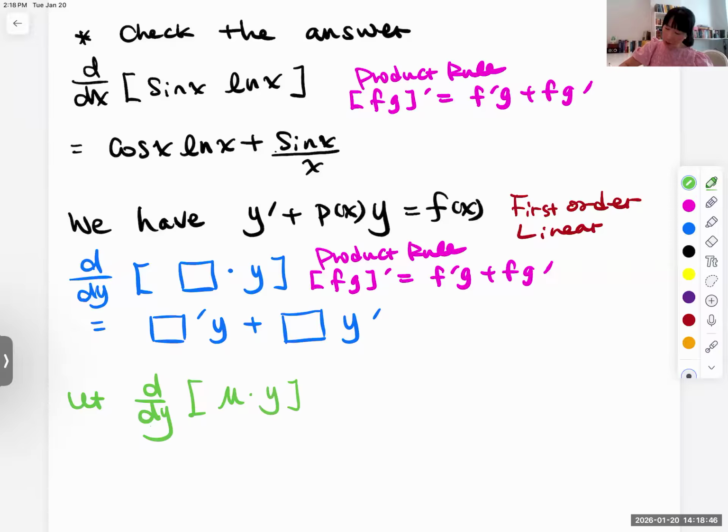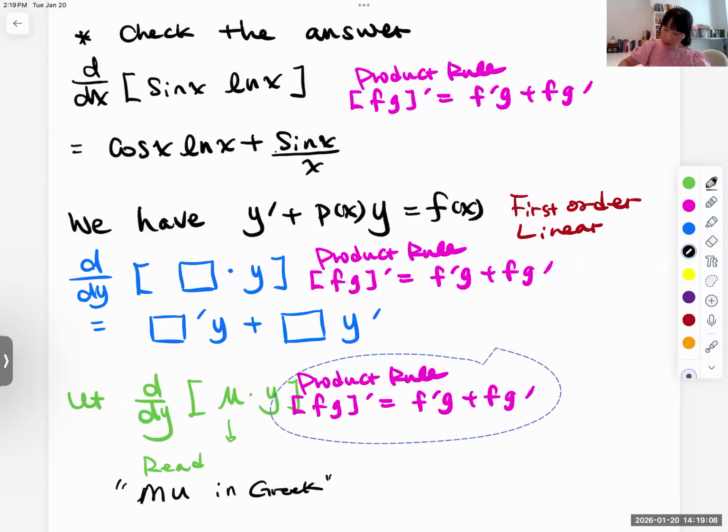Note mu is a Greek letter, right? So product rule again.